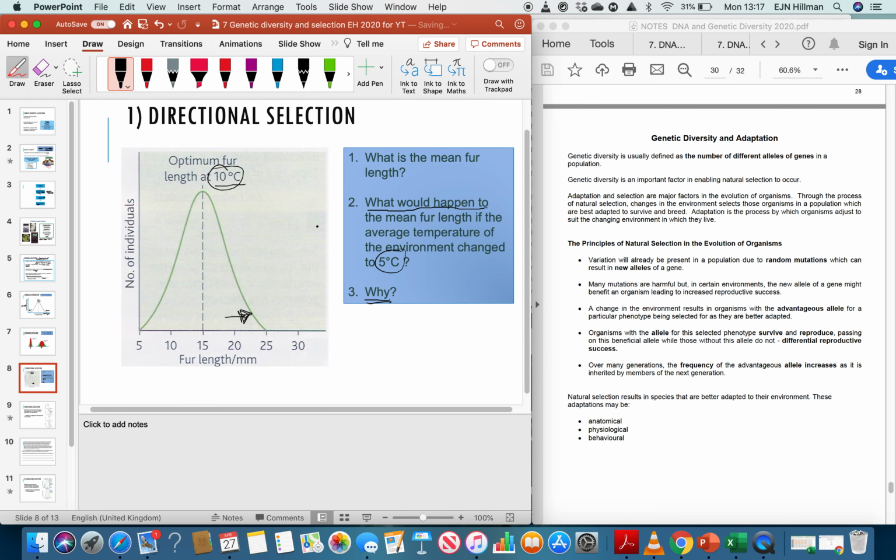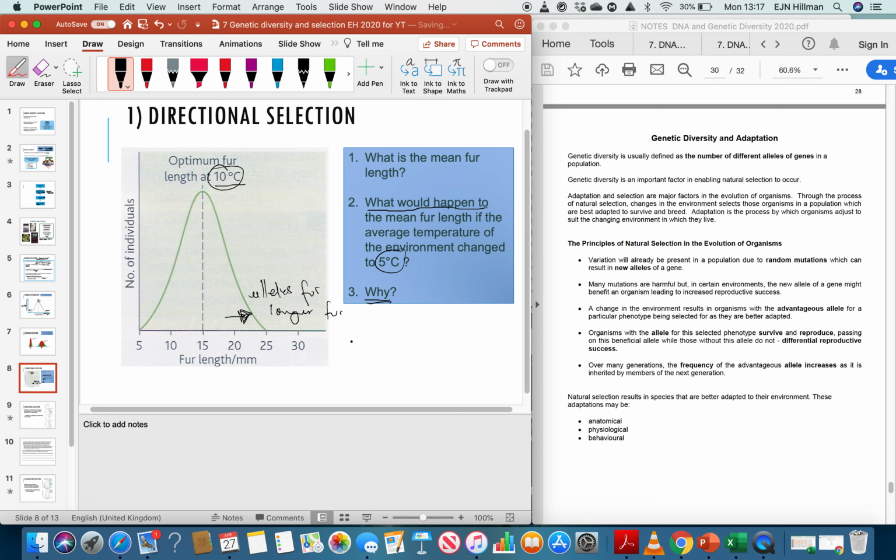Okay, so remember we're talking about the context, so they're passing on these alleles for longer fur. Okay, and they pass on those alleles for longer fur more often than the individuals with the alleles for shorter fur, or even the individuals with the alleles at that mean.